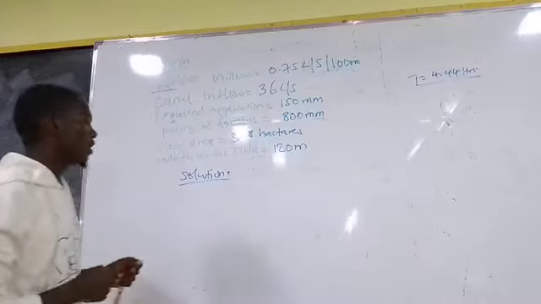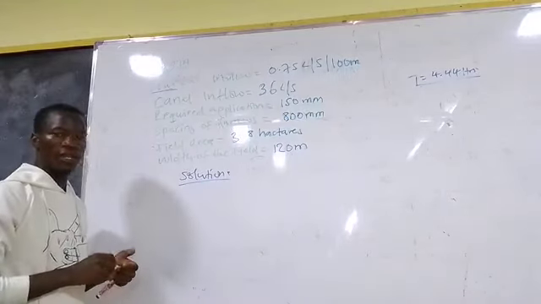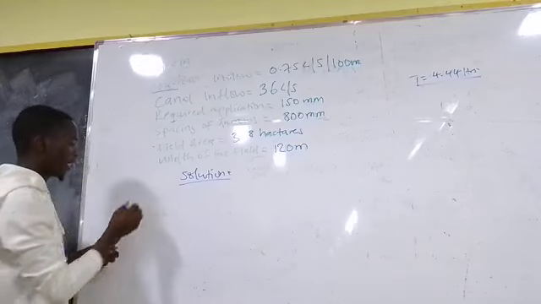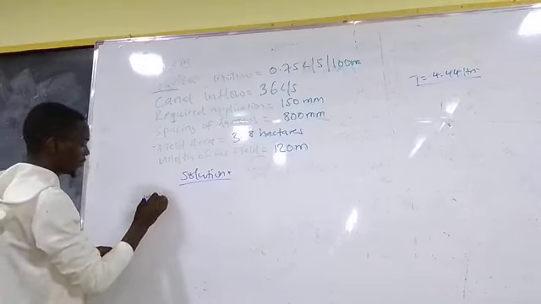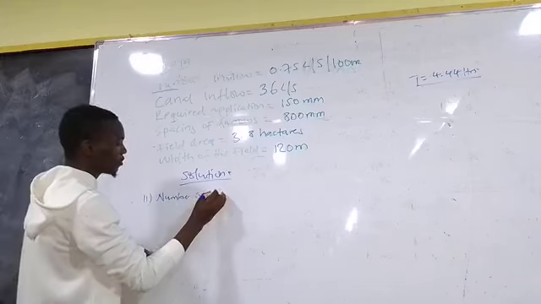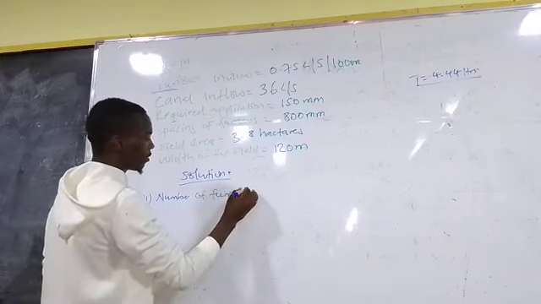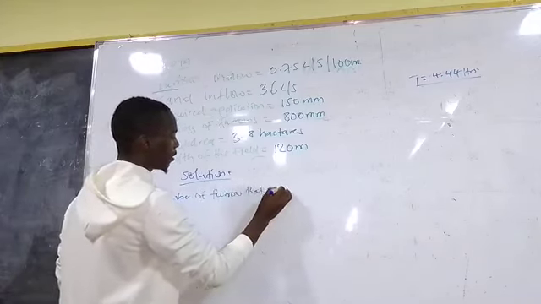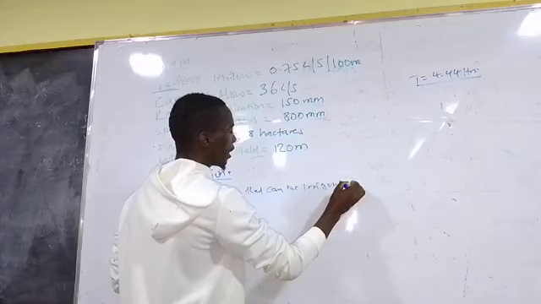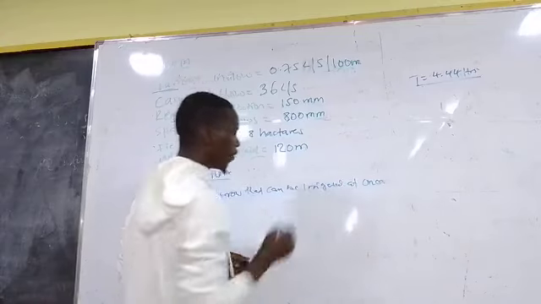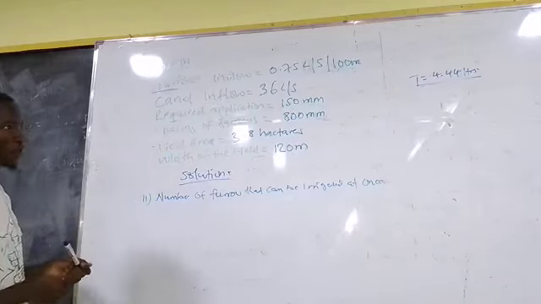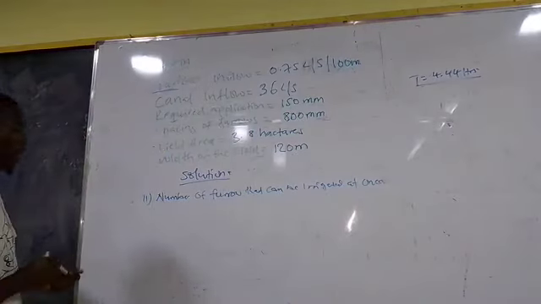So the next thing we are to calculate is the number of furrows that can be irrigated at once, or at a go, with that time that is 4.4 hours.